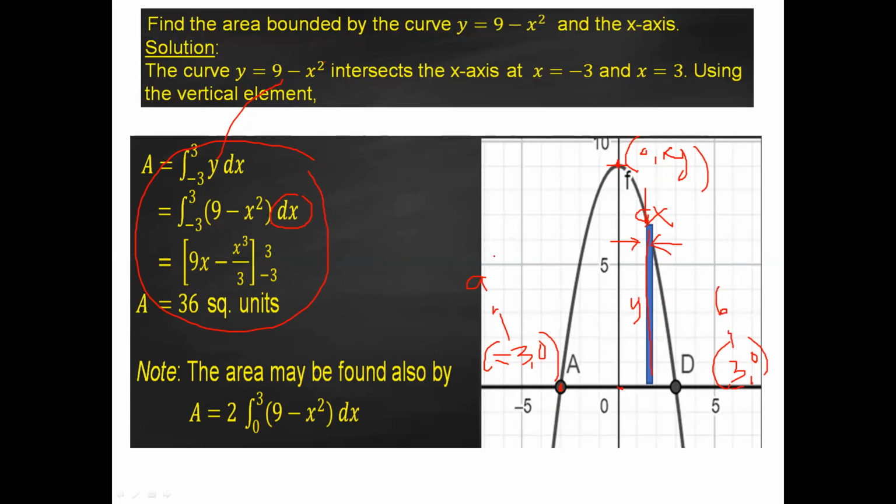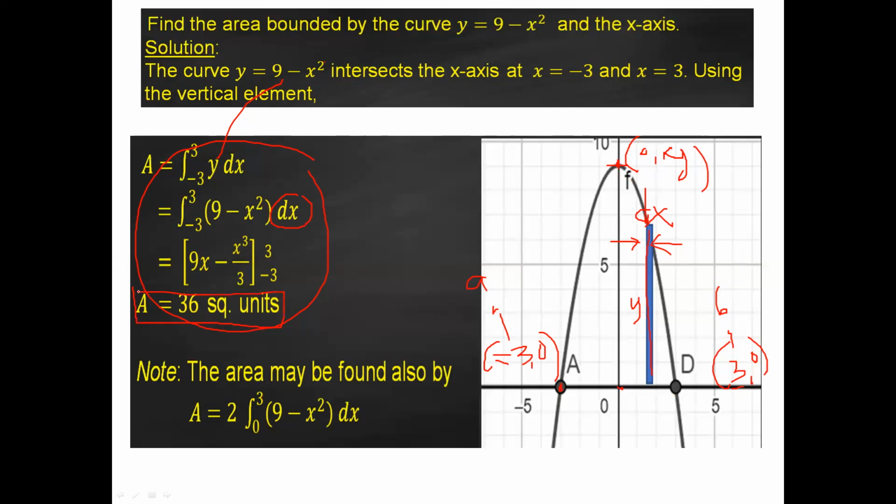Tandaan lagi, no? Since kabuuan ang ginawa nilang solusyon dito, so ranging from negative 3 to 3. Okay? So calculating it, yung area natin, we have 36 square units.